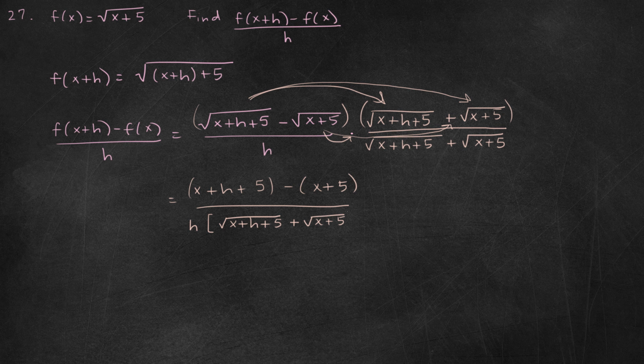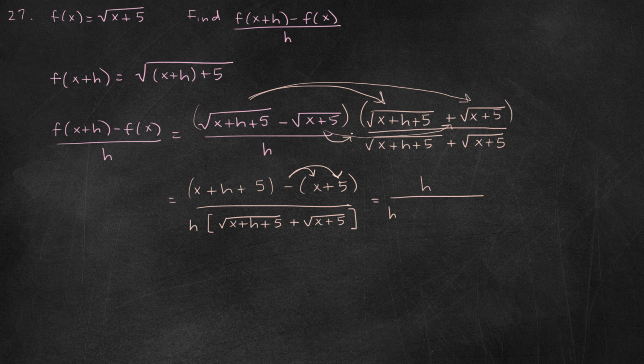I'm not going to distribute that h because I'm hoping the h will cancel out once I simplify in my numerator. And in the numerator, we can distribute this negative 1. So we have a positive x minus x, that's 0. We have h, and then we have positive 5 minus 5, which is 0. So just an h left in the numerator.